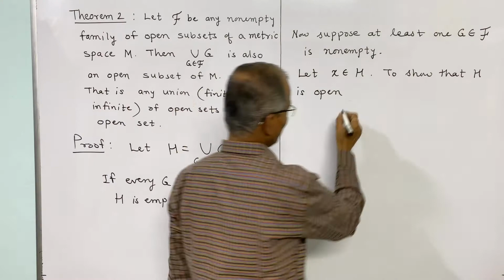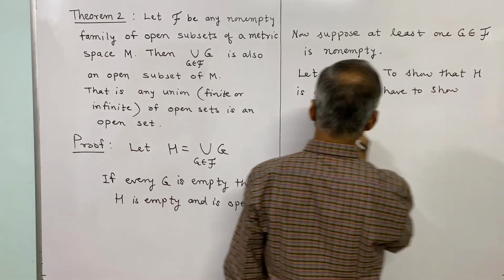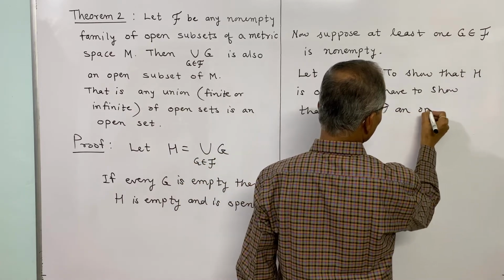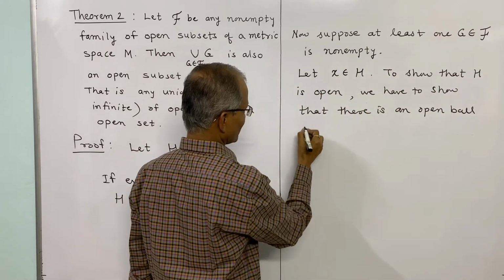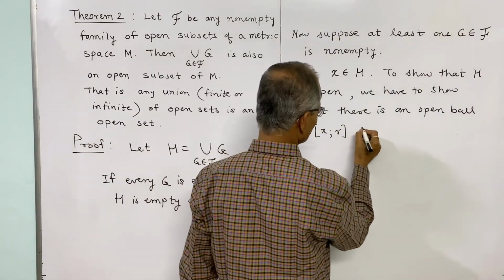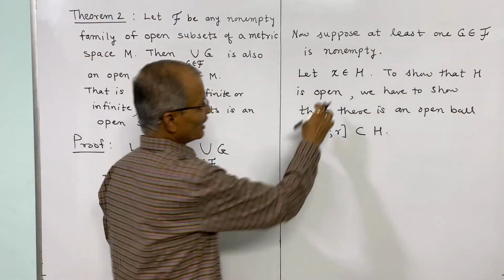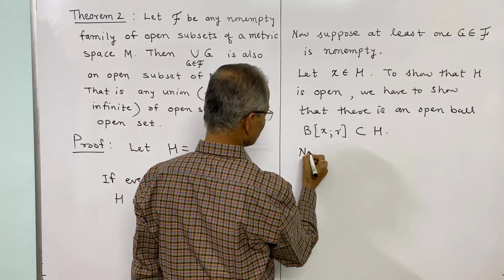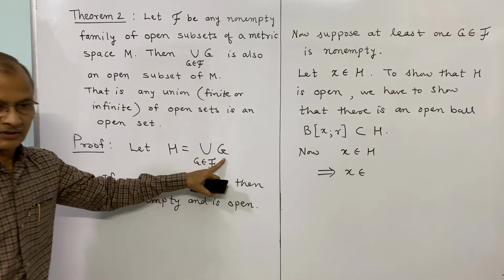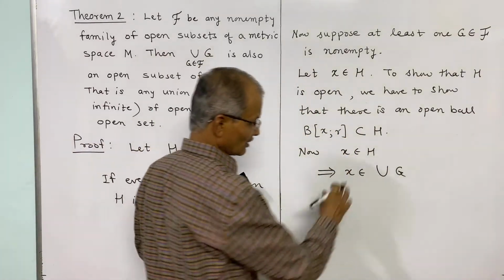we have to show that there is an open ball around x of radius r such that it is contained in H. There is an open ball around x which is contained in H. Now x belongs to H. So this implies x is in H, where H is the union of G, that is, G1 union G2, etc., whatever the members are in this family.